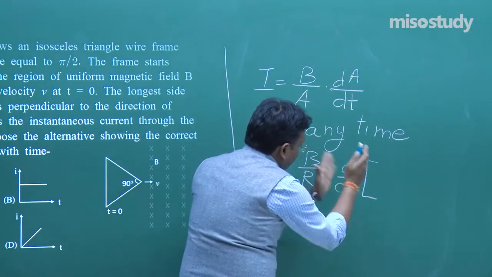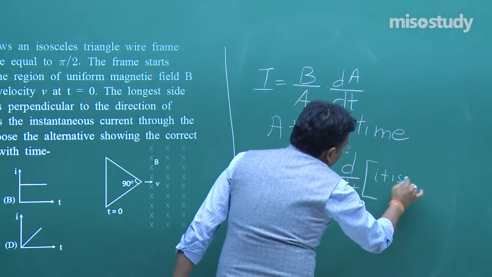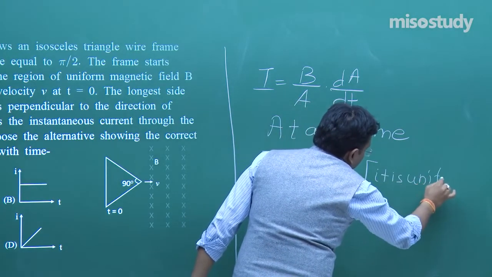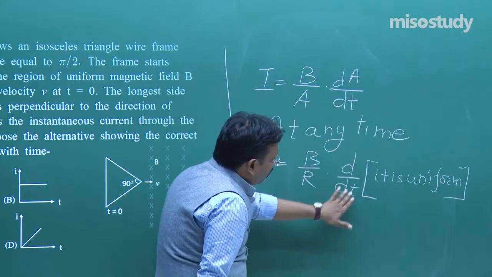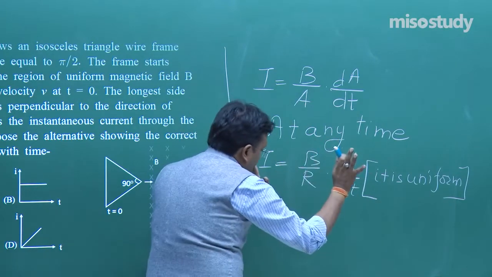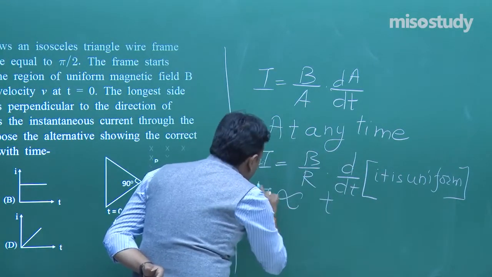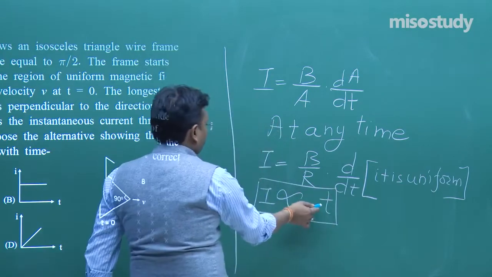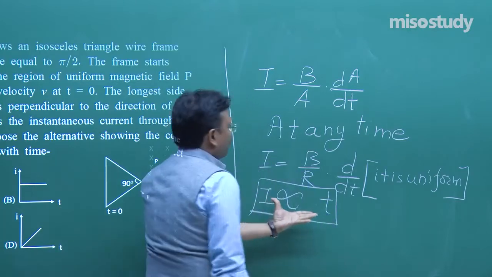So inside you should simply mention it is uniform. Fine. So if it is uniform, the rate of change is also going to be uniform. B is constant, R is constant. So what should I say? I should say I is directly proportional to t. So now only this graph correctly represents this variation.